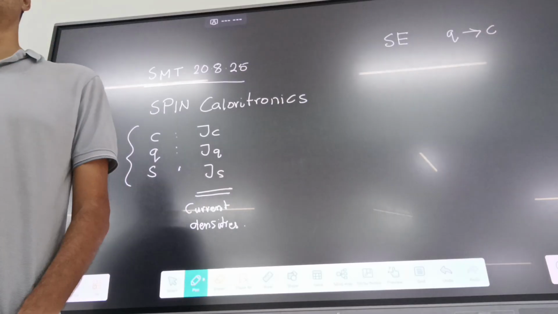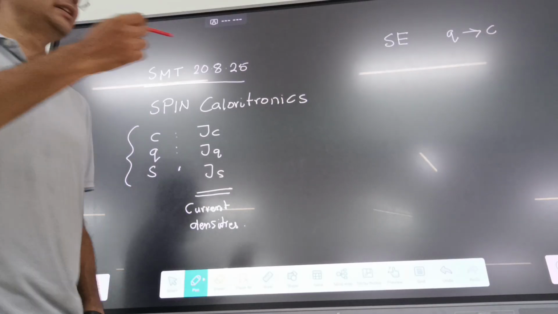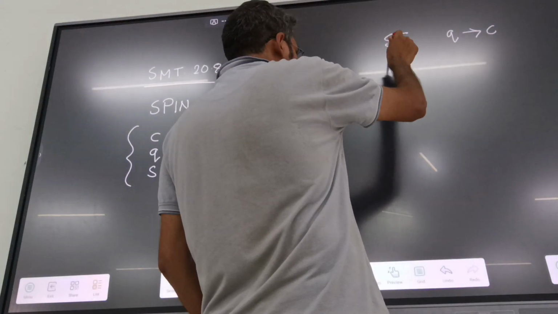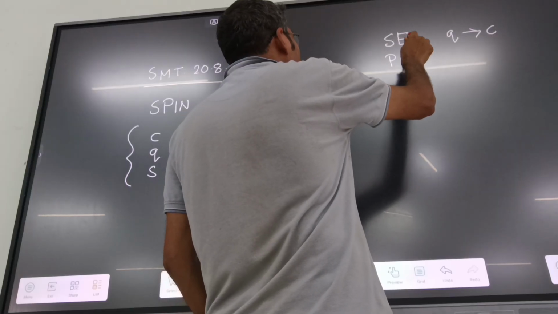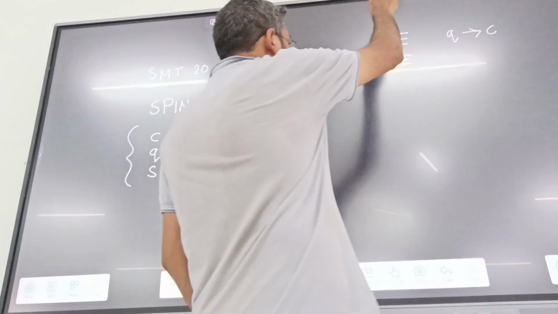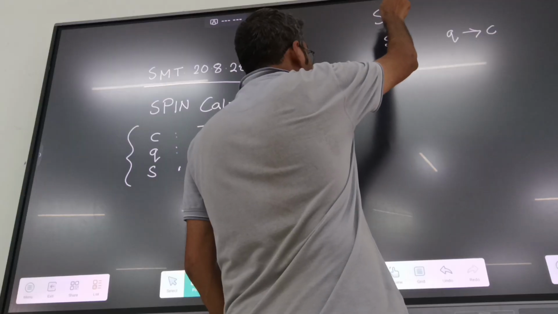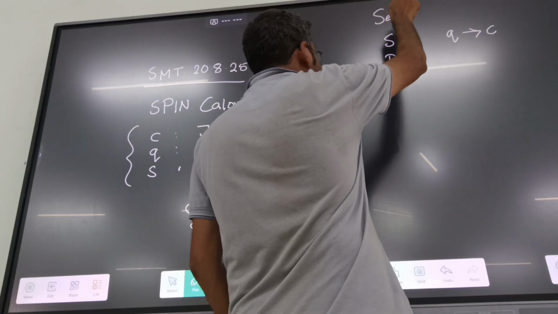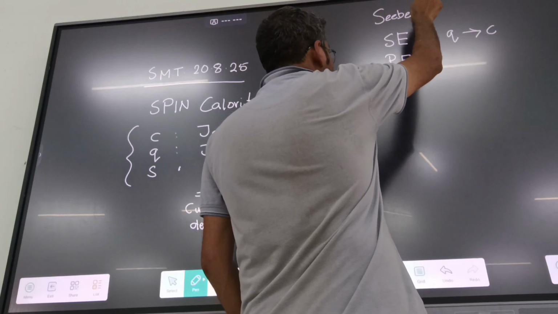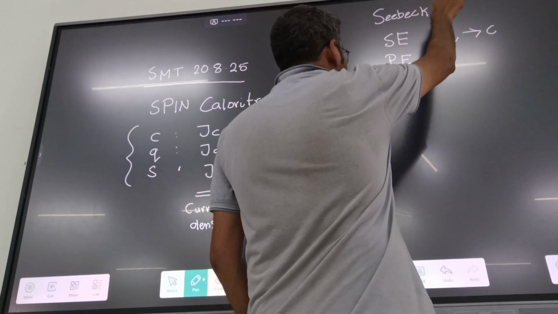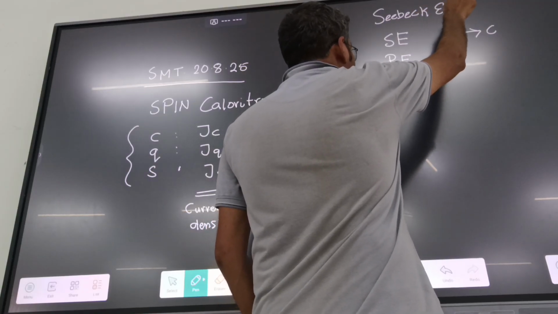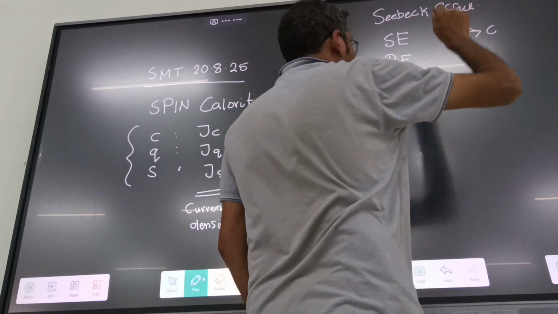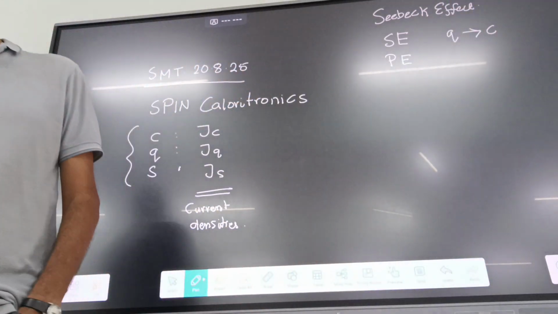Right? From heat to current is Seebeck effect. Peltier effect. Seebeck, Peltier, पता है ना?